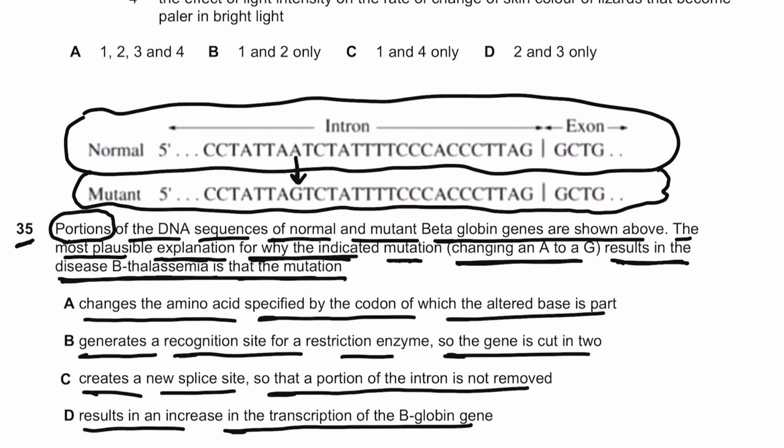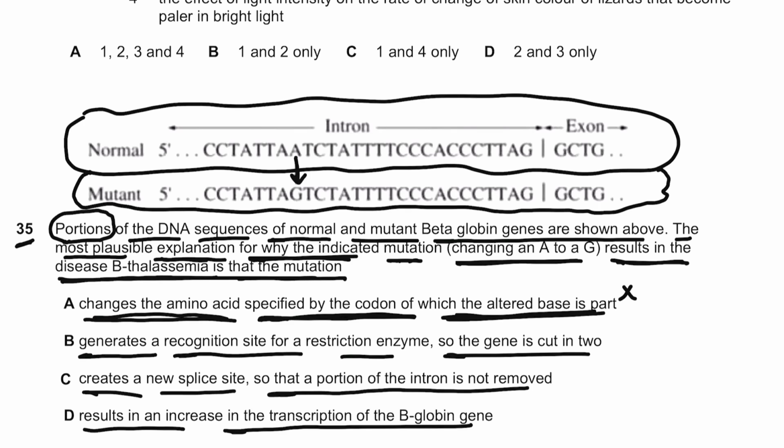So if a mutation occurs in the intron, the amino acid will not change, right? So they say it changes the amino acid specified by the codon of which the altered base is a part. If the codon changes, it does not code for any amino acid, it's an intron. So this could not be the option, right?